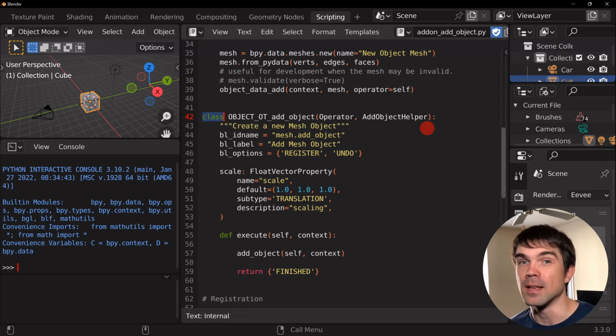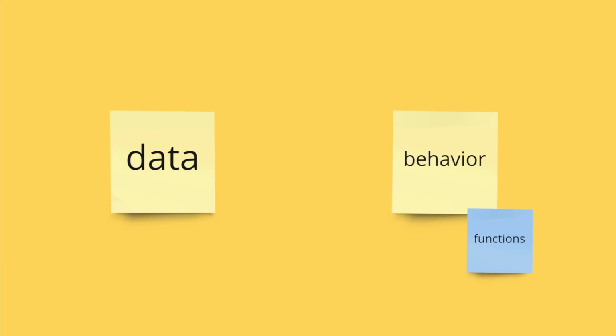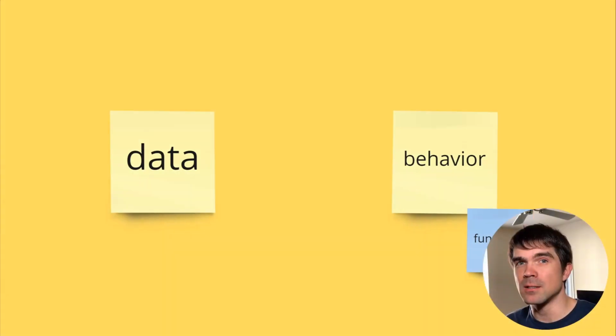In all our scripts, we always work with data and some kind of behavior, or we always transform some data into another piece of data. For example, we have some coordinates for vertices. We use those coordinates to create a mesh, right? It's all about transforming data into some other data using some functions.